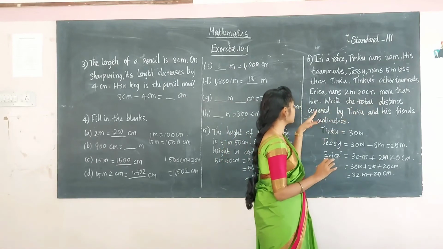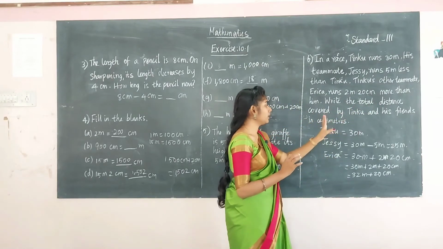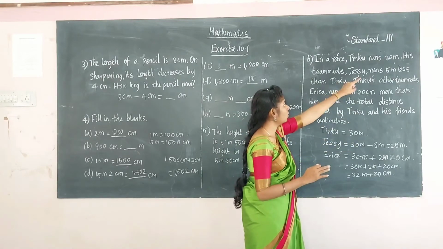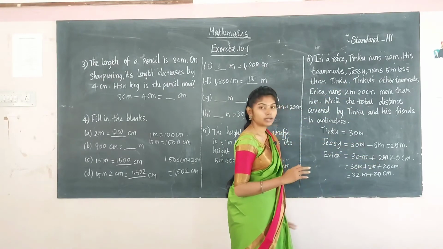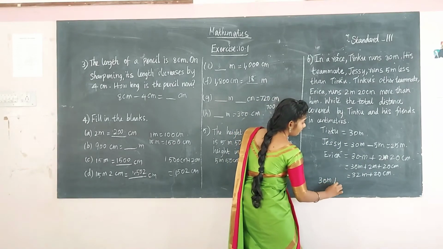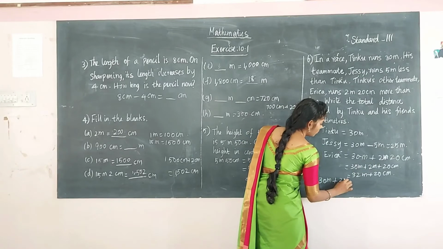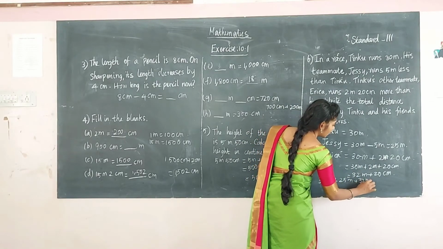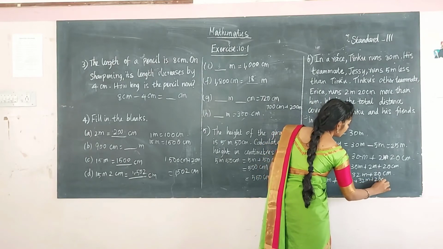Write the total distance covered by Tinku and his friends in centimeters. So everyone's distance that they run, we have to calculate it all. So 30 meters plus 25 meters plus 32 meters plus 20 centimeters.